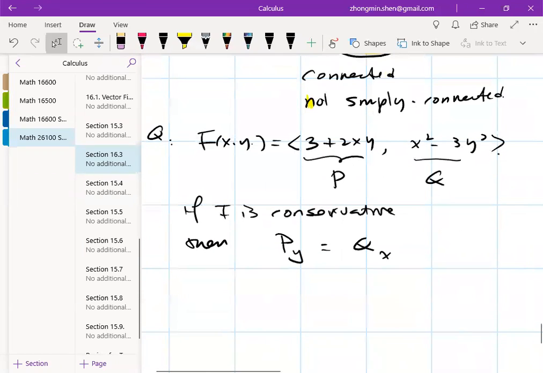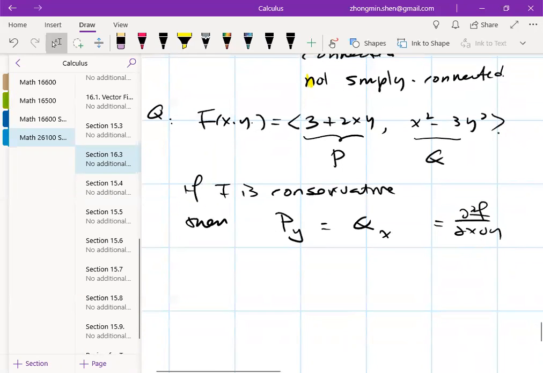The reason is they're both equal to the mixed partial derivative of the unknown function we're looking for. If P is the partial derivative of f with respect to x and Q is the partial derivative of f with respect to y, then you should have this.